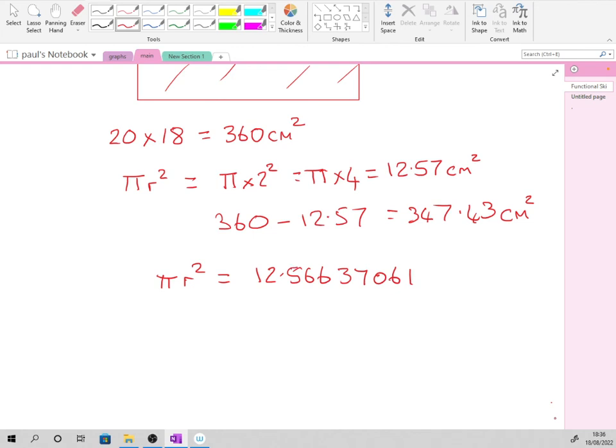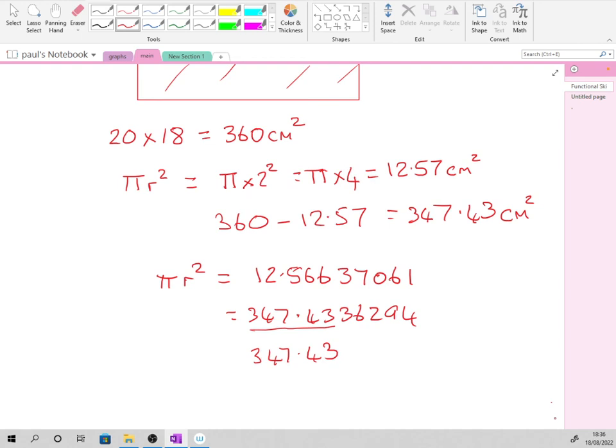Leave that all in the calculator and then do 360 minus the answer, and I get 347.433629. To two decimal places, it comes out the same, 347.43, but sometimes it doesn't.